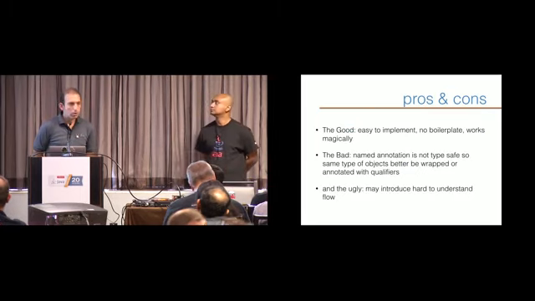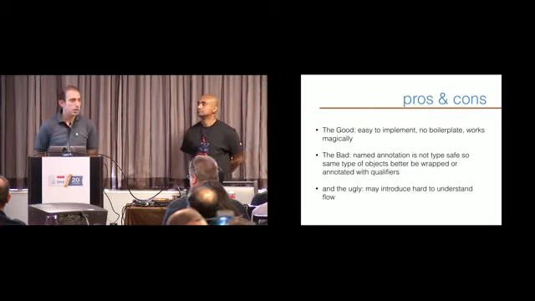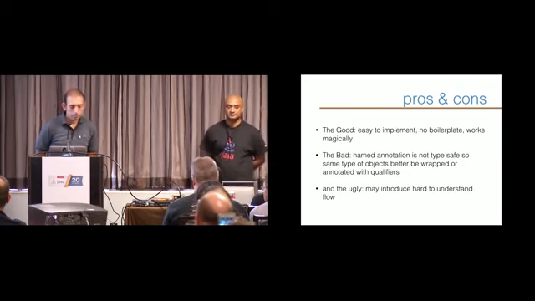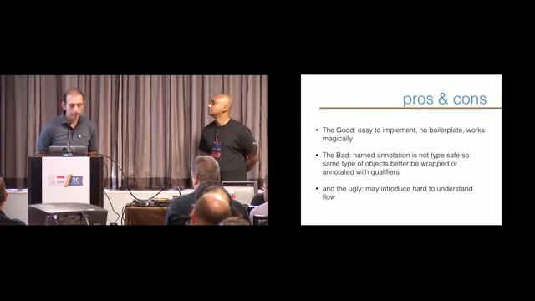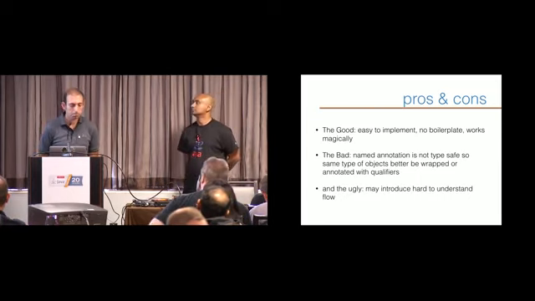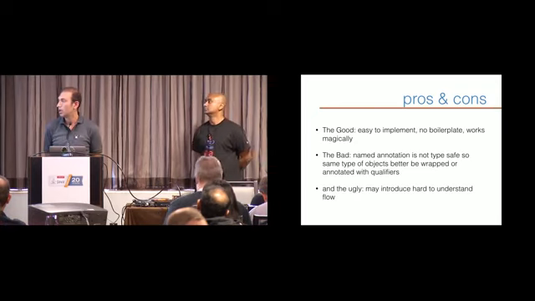No boilerplate code, and everything just works magically. The bad part, named annotation is not type safe, so the same type of objects can be wrapped or annotated with qualifiers.